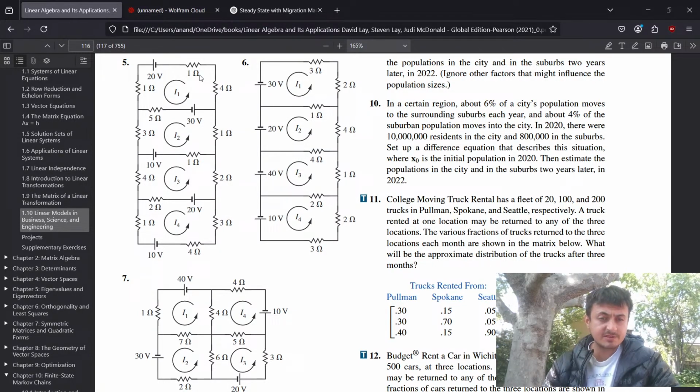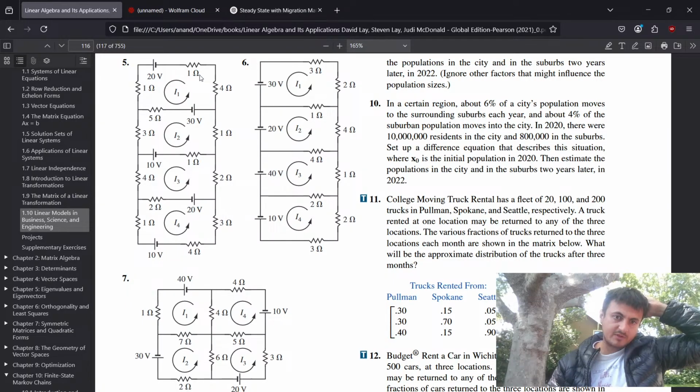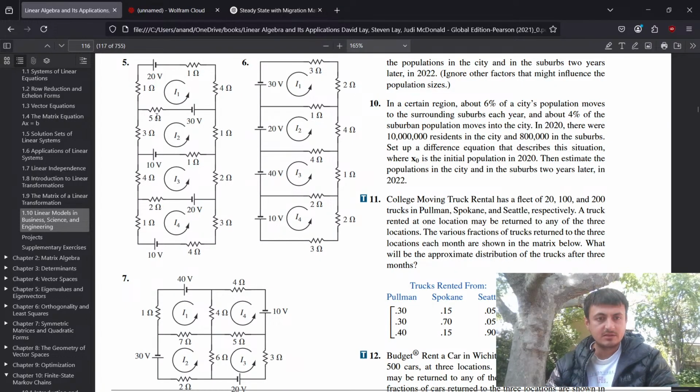Okay, the next one is going to be... dude, these diagrams are really not good for me. All right, so we know it's going to be 8, 9, 10.